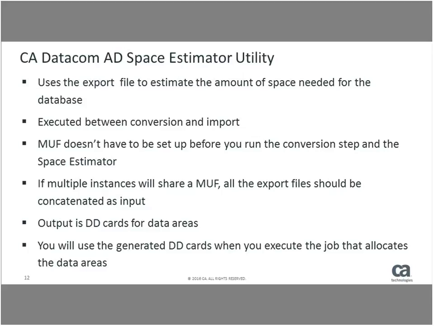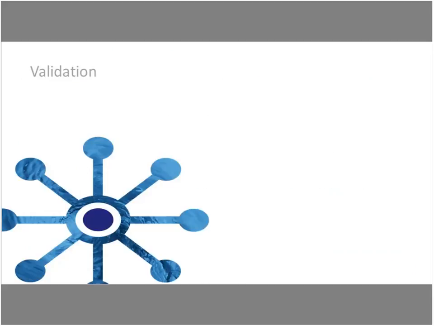There was just a problem in that utility, and that has been fixed. And before I go on, I'm going to tell you towards the end, I'm going to ask you to get all the fixes up to the point where you're starting your conversion when you're ready to do the conversion. But we'll move on here.